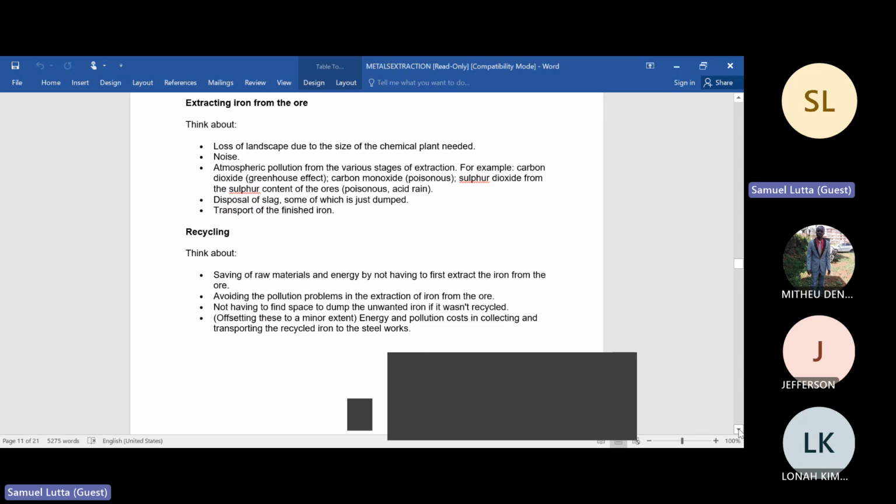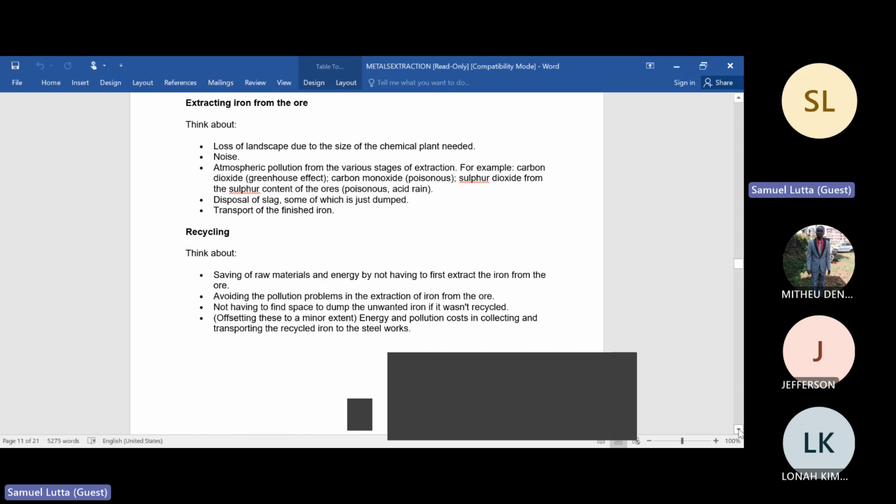So how can we reduce the problem? To reduce the problem, we said one of the solutions is to recycle. When you recycle, the process is cheaper than getting the material from its raw state. We also said that when you do recycling, you save energy, so there's a lot of energy saved during the process.